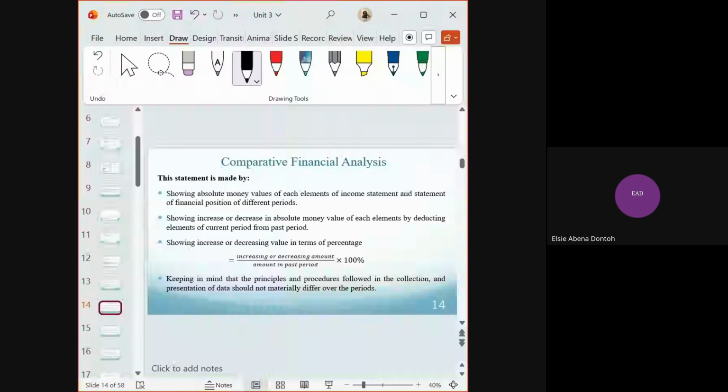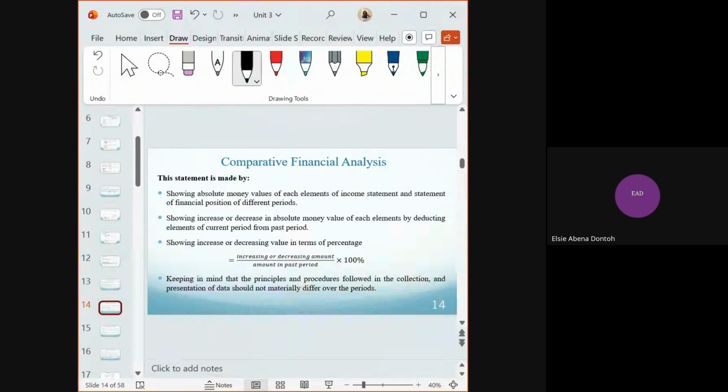So this statement is made by showing absolute money values for each element of the income statement and statements of financial position at different periods, showing the increase or decrease in absolute money value of each element by deducting the past period from this period, and showing the increase or decrease in terms of percentage, that is, the increasing or decreasing amount over the amount in the past times 100%.